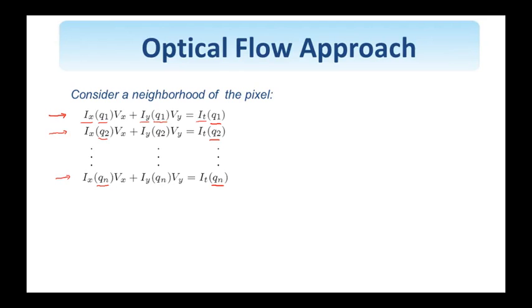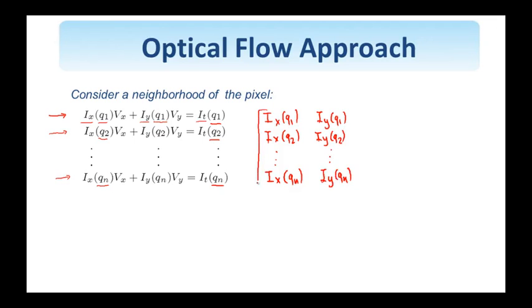That is, I can stack here the spatial derivative in the x direction at Q1, at Q2, up to Qn, and the spatial derivative in the y direction at Q1, Q2, up to Qn. So this is the matrix.